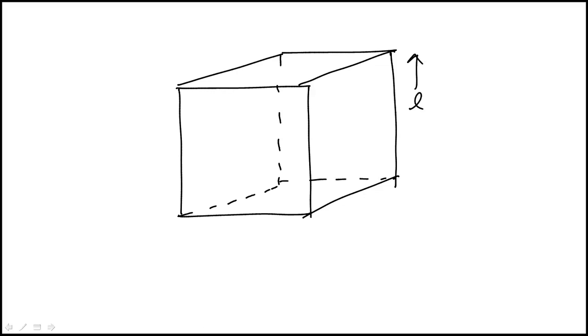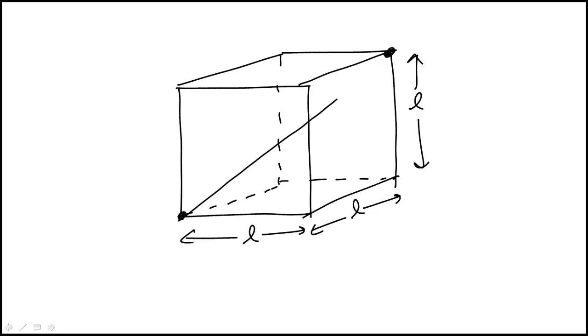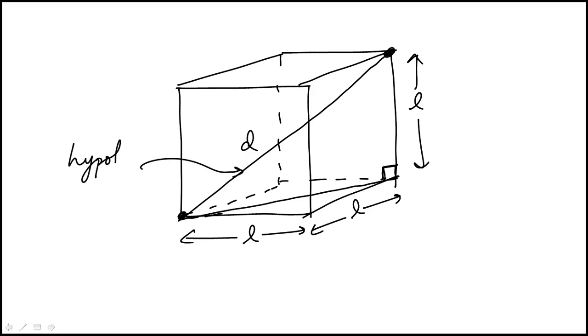Now, each side is L. So this is L, this is L. And the longest diagonal is if you go from this corner to this corner and you connect those 2 points. And to find that length, and I'm going to call that D, you draw this floor diagonal and you create this right triangle in that corner. This diagonal is the hypotenuse of this right triangle.